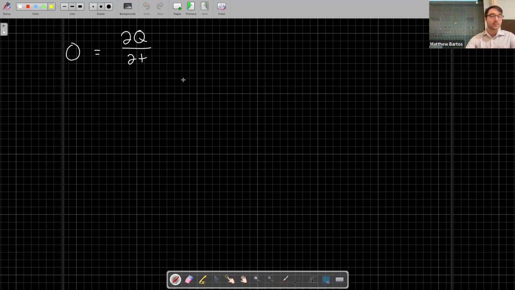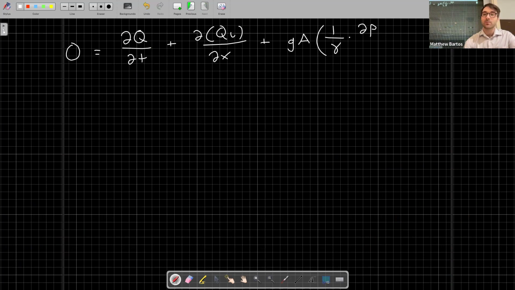So the final expression for our conservation of momentum is dQ by dt plus d(QU) by dx plus g times A times 1 over gamma times the change in pressure with respect to the change in distance, minus the bottom slope plus the friction slope.